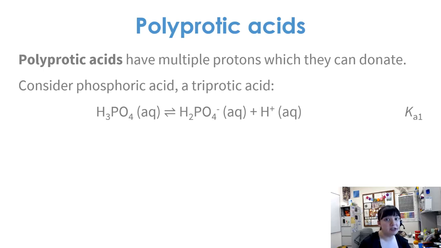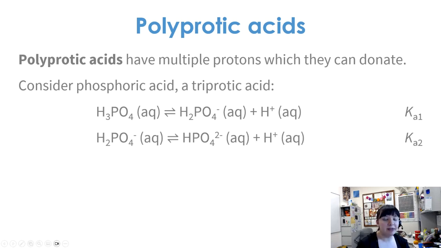Now this dissociation does occur just one at a time, so that's why I've only shown here one proton leaving. But if you look at the conjugate base, H2PO4 minus, you can see that that still has hydrogens at the front of its chemical formula, so it still has acidic protons, which can then also be donated. So imagine the H2PO4 minus also acting essentially as an acid. When that dissociates, it's going to produce its conjugate base, HPO4 2 minus, and then again some H plus.